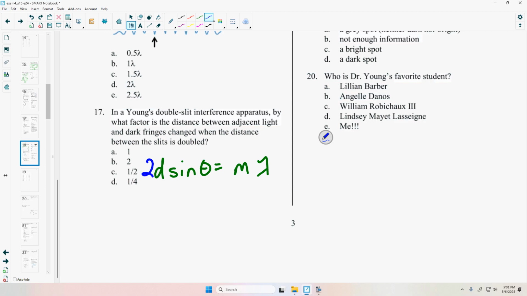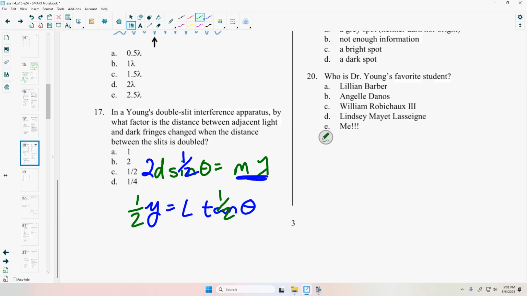In order to keep this the same over here, because I'm asking about the distance, I'm going to decrease that by a factor of a half. If d goes up by 2, sine theta has to go down by a half. That means that y is equal to L tan theta. I can imagine then that tan theta is going to decrease by a half, so y also is going to decrease by a half.